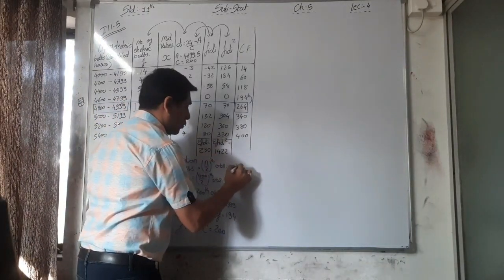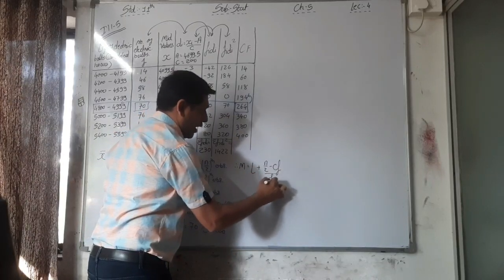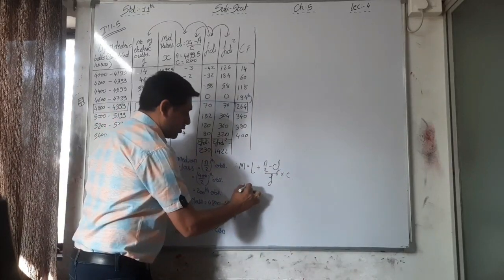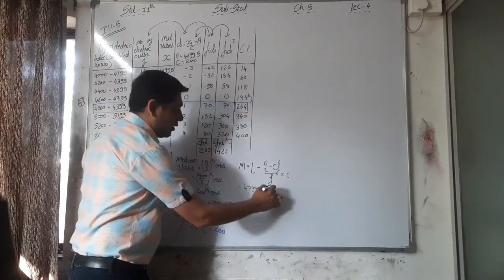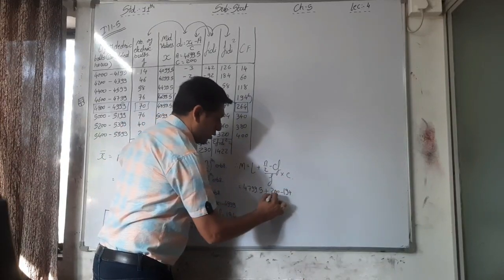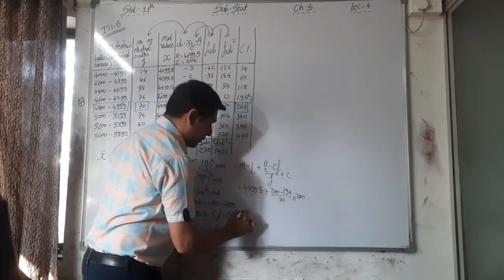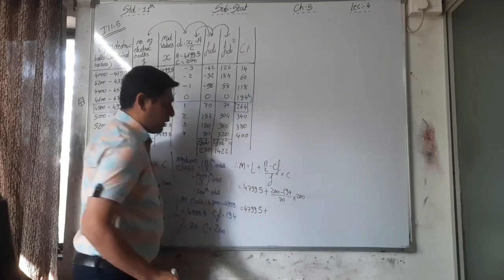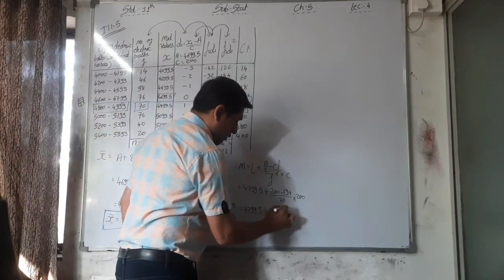Now put the value here. Median is equal to L plus N by 2 minus CF upon F into C. So L is equal to 4799.5 plus N by 2, 200, minus CF 194, divided by F 70 into 200. So 4799.5 plus 6 into 200 divided by 70.